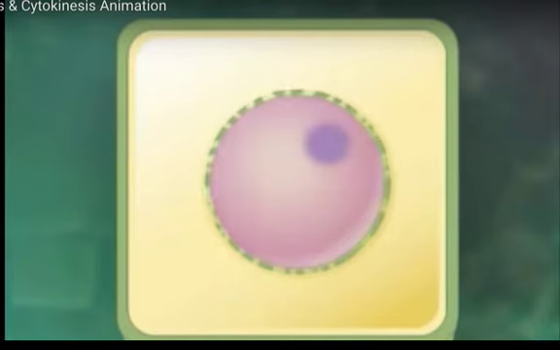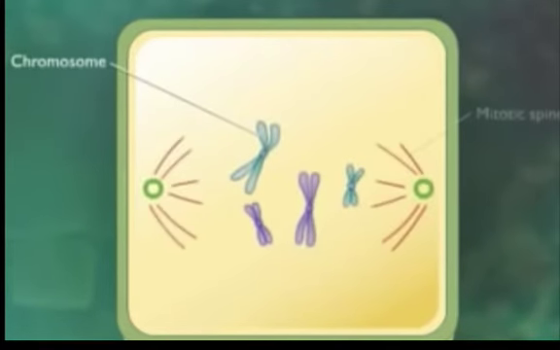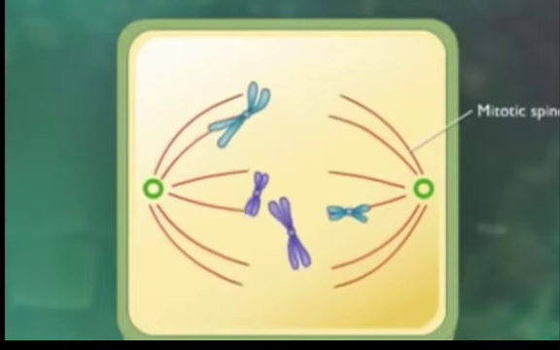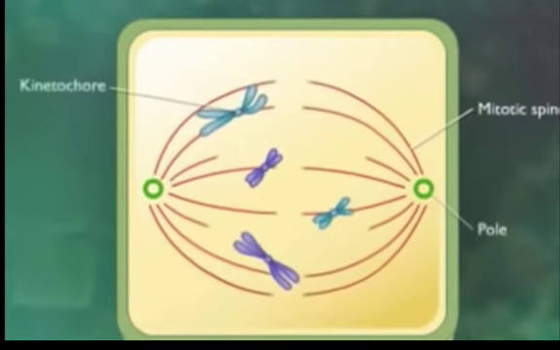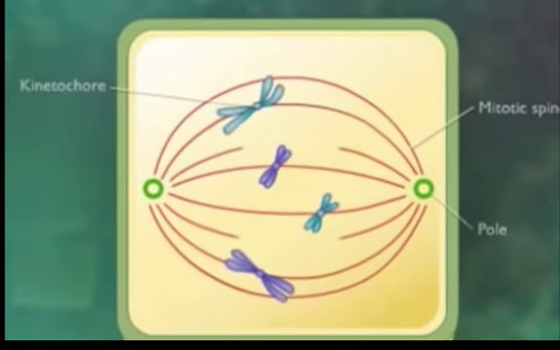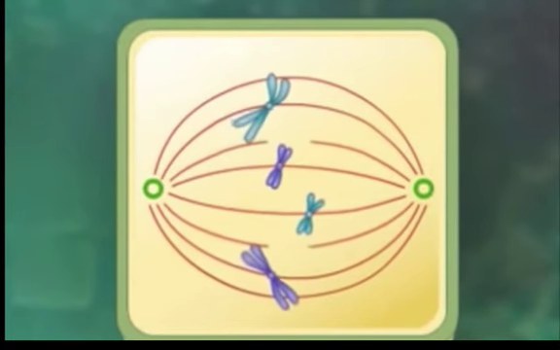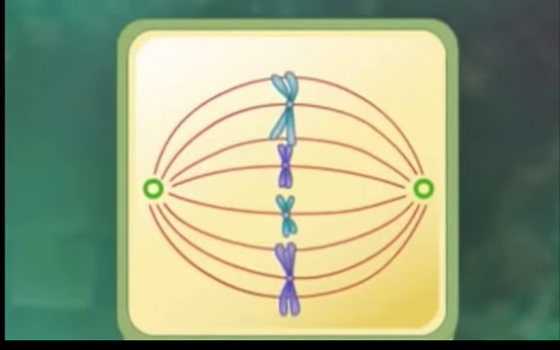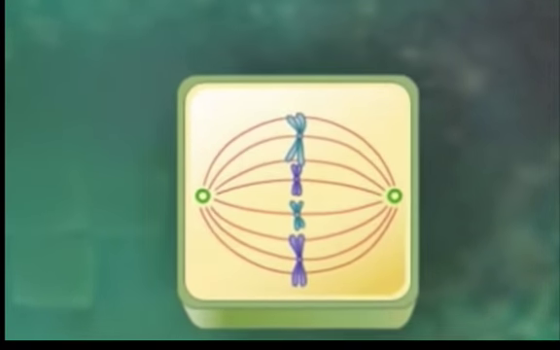Nuclear membrane disintegrates and the nucleolus disappears. As prophase continues, the chromosomes condense and begin to appear. Mitotic spindles, which are made of microtubules, begin to form between the poles, and kinetochores begin to mature and attach to the spindles. During metaphase, the chromosomes become attached to the mitotic spindles at the kinetochores and align along the metaphase plate at the equator of the cell.